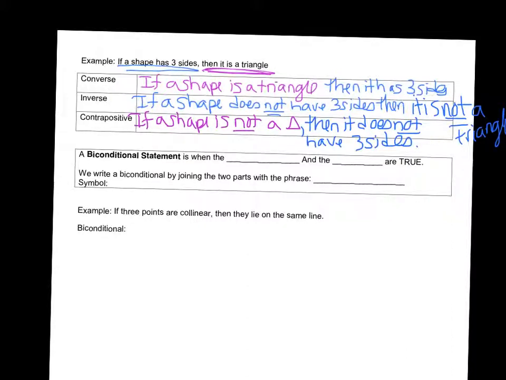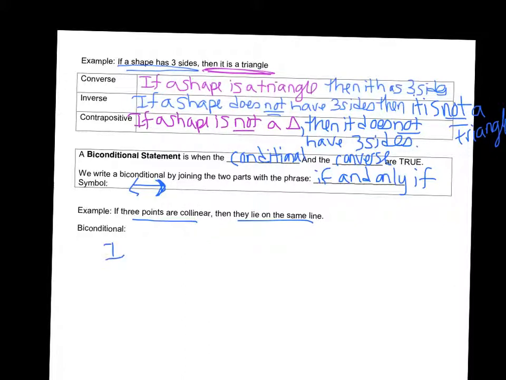Your biconditional statement is when the conditional and the converse are both true, so your original and your converse are true statements, and we join it using the words if and only if. The symbol for this one is just a line with arrows on both ends. So our example here is if 3 points are collinear, then they lie on the same line. The converse, if 3 points lie on the same line, then they are collinear. That is true.